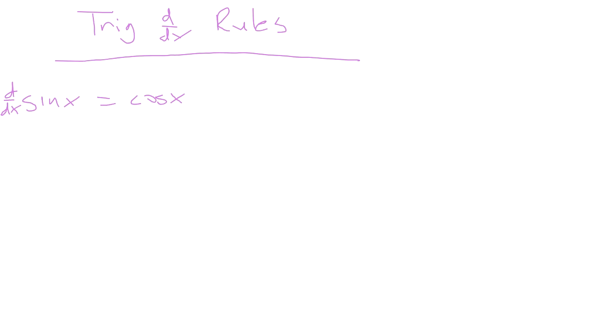The derivative of cosine of x is equal to negative sine of x. The derivative of tangent of x is equal to secant squared of x.